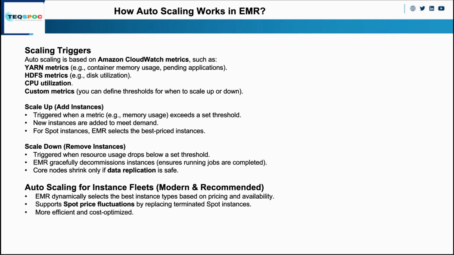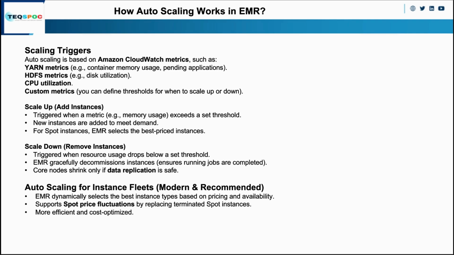Now talking about scaling down, it is again the same thing, triggered when resource usage drops below a set threshold. EMR gracefully decommissions instances, ensuring running jobs are completed. But let's talk about core nodes, master, and task nodes. There are three different kinds of nodes in EMR. One is the master node.